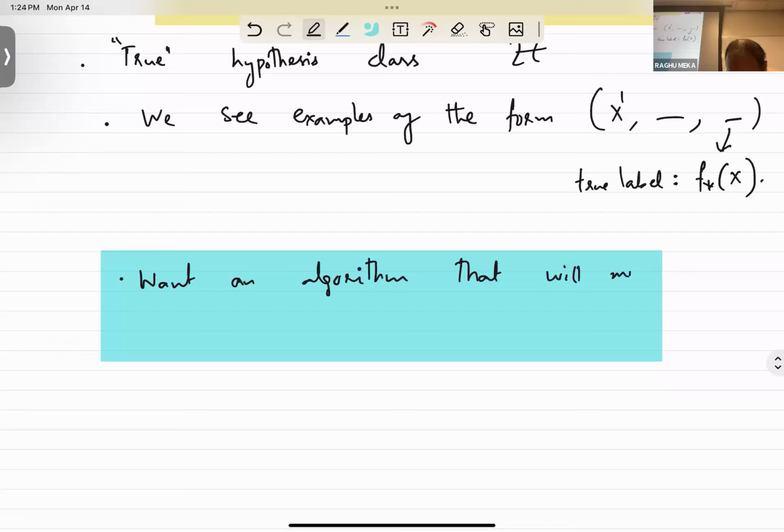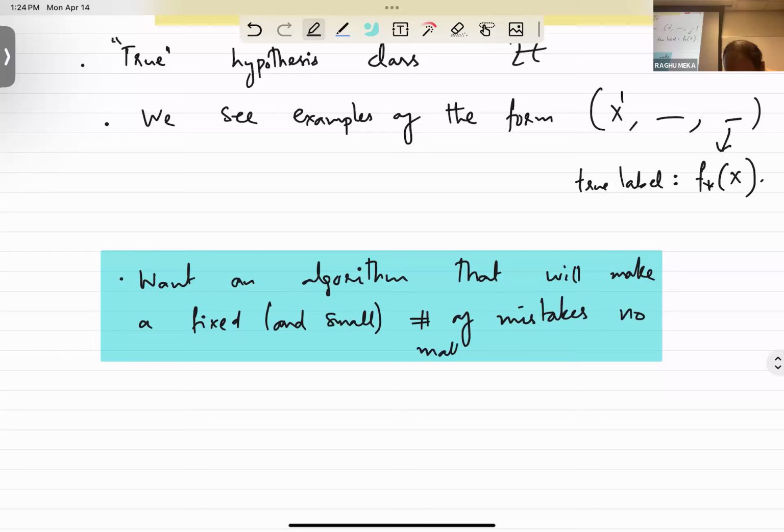So this is mistake bound, meaning we want an algorithm that will make a fixed and small number of mistakes no matter how long you run, or let's say how long you play.